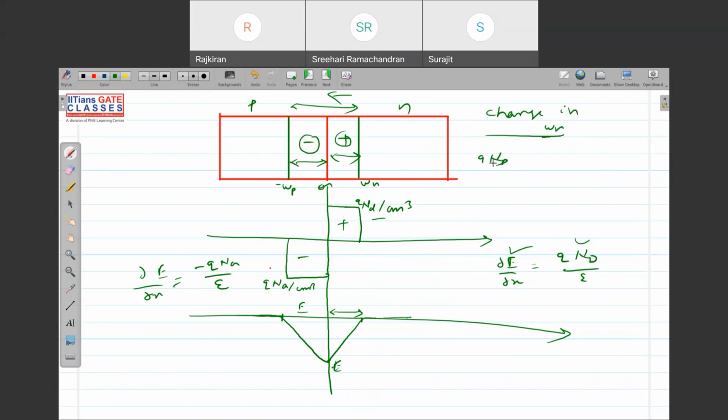So charge is q Nd into area, take a unit area, into the distance Wn. On the P side, the charge will be equal to q Na into area into Wp. They both should be equal: q Na Wp equals q Nd Wn. So if Na is more, then Wp has to be less to make it equal, right?